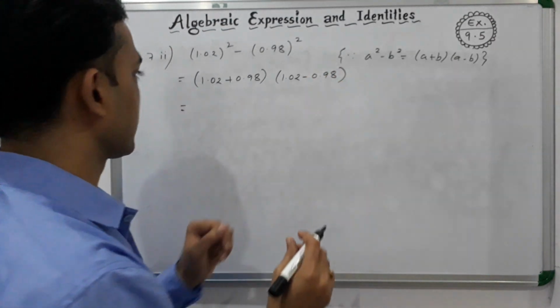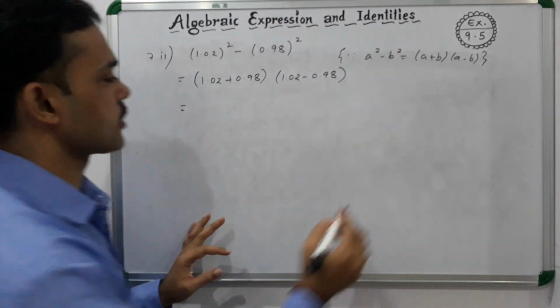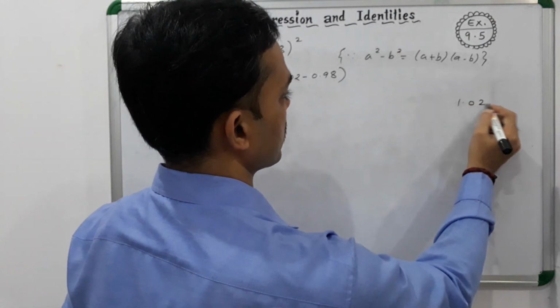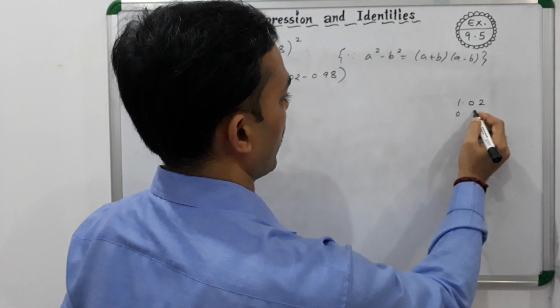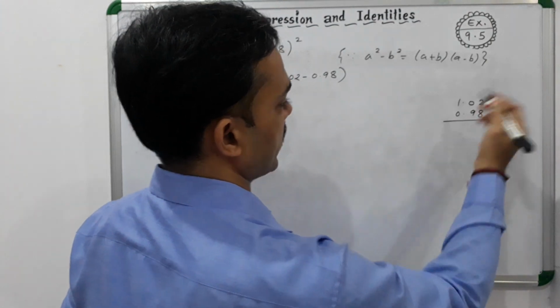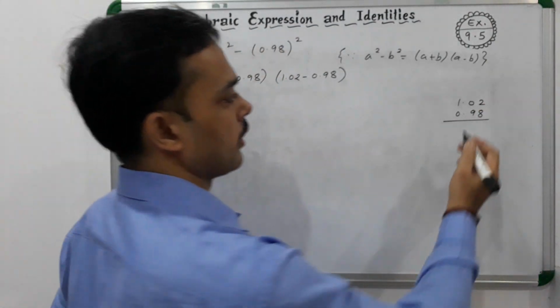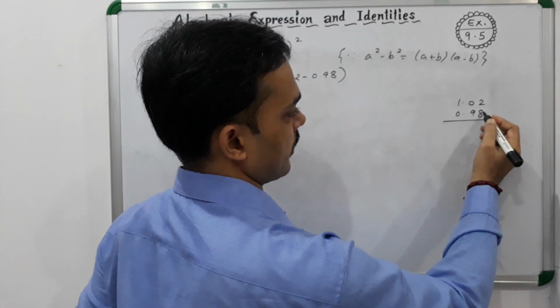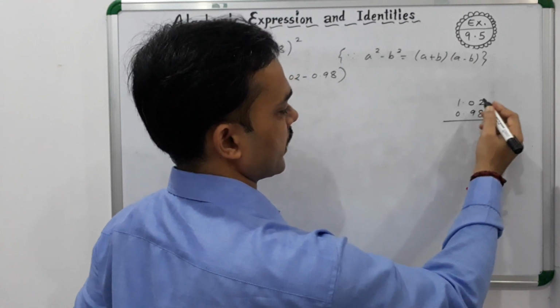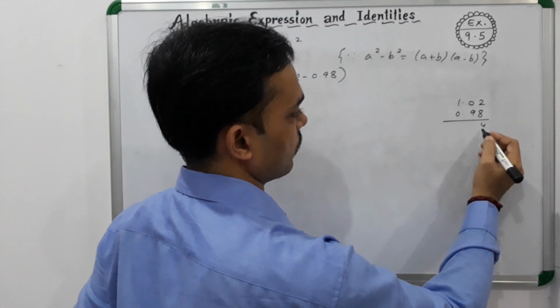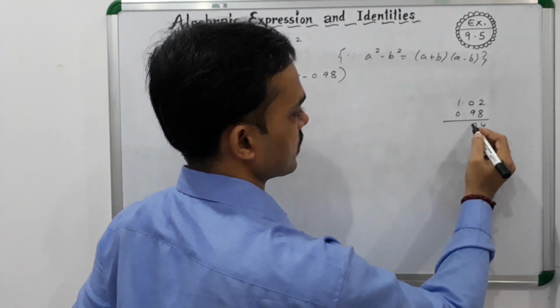When you are adding these two, 1.02 and 0.98, first let us see the decimal part. Since 2 is smaller than 8, you will take carry, so 12 minus 8 is 4, and this is 90.